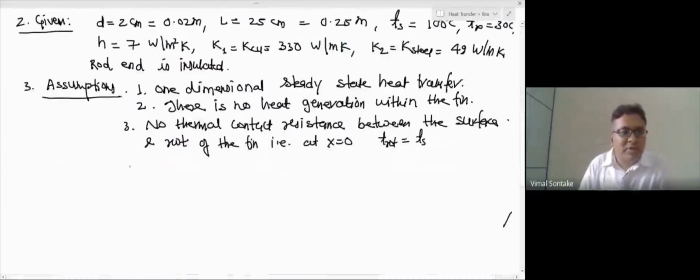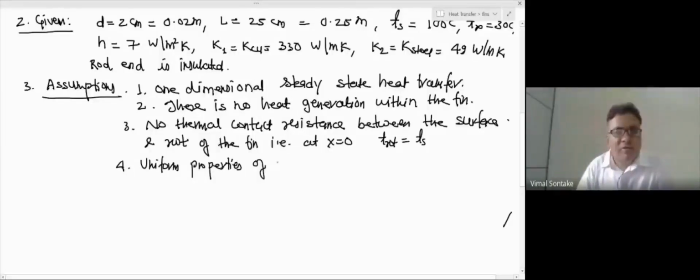Then assumption number 4, uniform properties of fluid. What does it mean? H value is constant everywhere for the air.